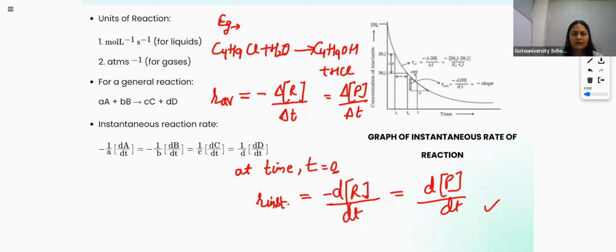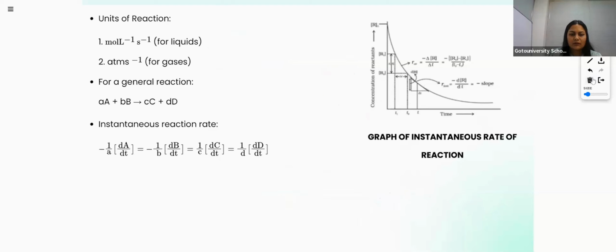How can we write the concentration for these reactants? For this specific reaction, we can write by putting these reactants here. Now, if we look at this reaction where we have aA, what is this small a?